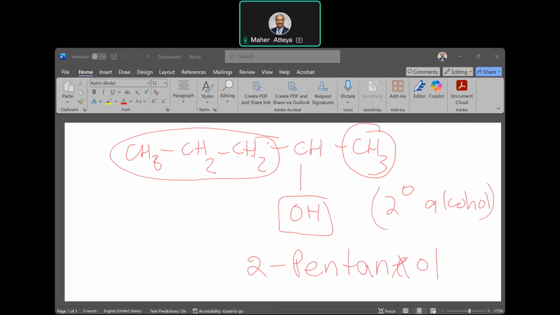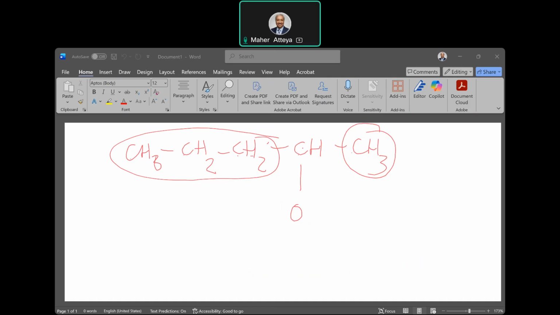So here it is. Let's take this one out. We are making tertiary alcohol now. So this is OH. And we'll take the OH here out too. And the carbon that carries the OH will have another methyl group.